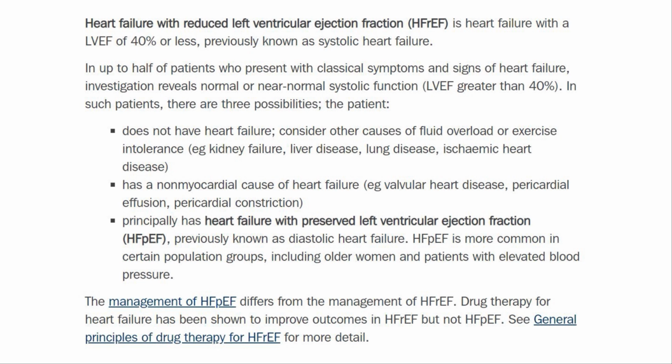But if they have preserved ejection fraction, the heart might have only filled with 40 units and then pumped 30 of those. So the ratio of the two looks awesome, but the actual total amount of blood is heart failure. It's just not by the ejection fraction definition.